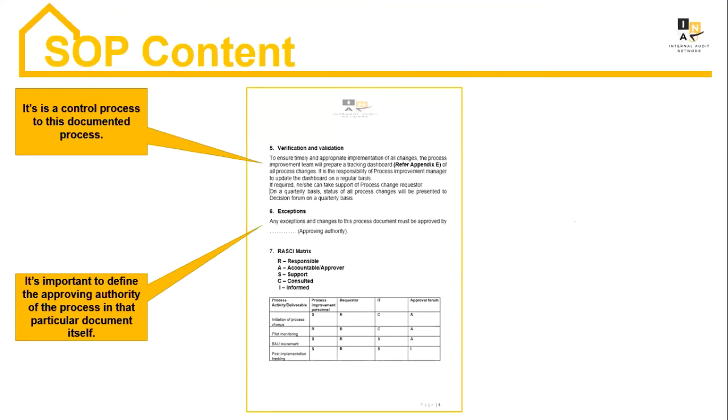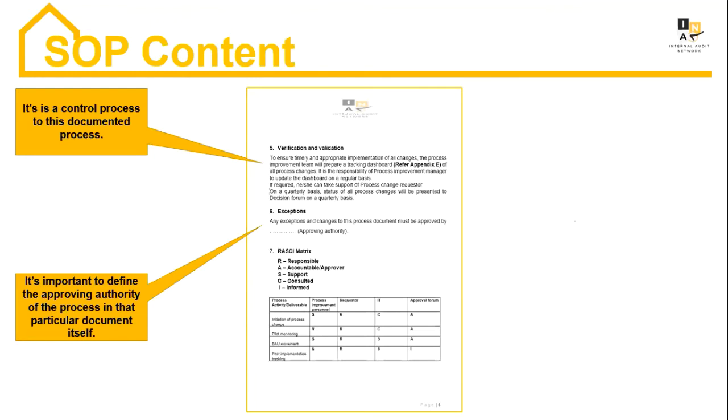Second, exceptions. This is very important. We usually forget to mention the approving authority of that particular document in the document itself. We should know who is the approving authority of that process.